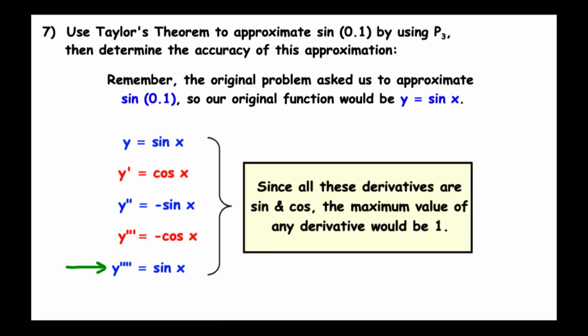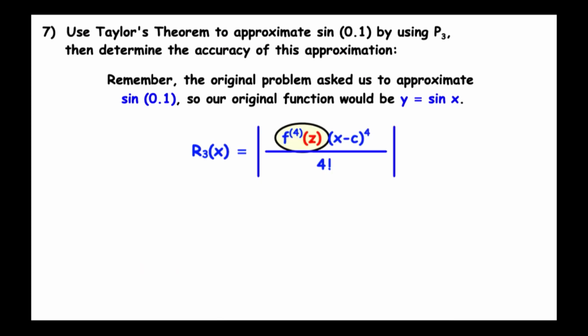It really should be a raised up fourth power, but all right, anyways, all the derivatives are sine and cosine. The largest that sine and cosine can ever be is positive 1. Therefore, what I'm going to do is change that yellow backgrounded oval just into a positive 1.